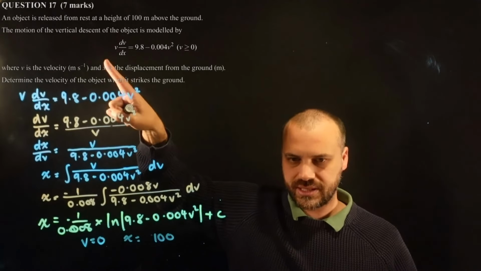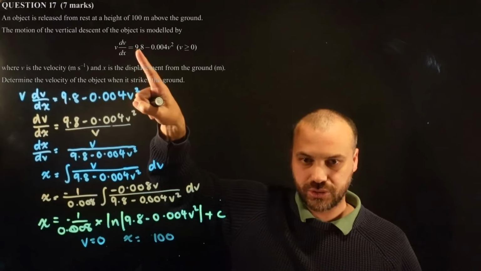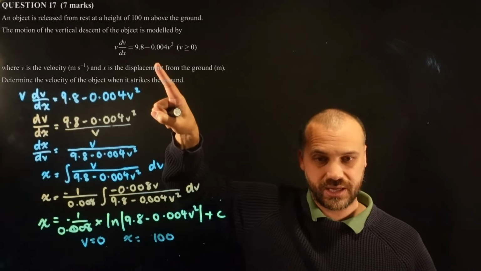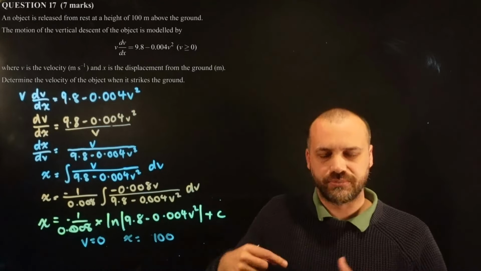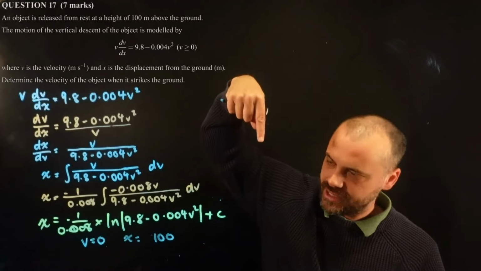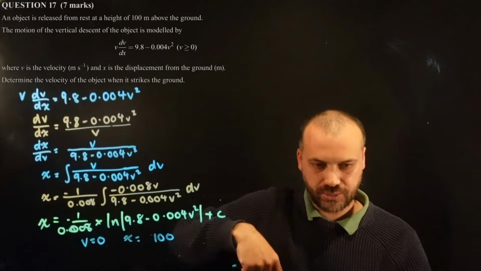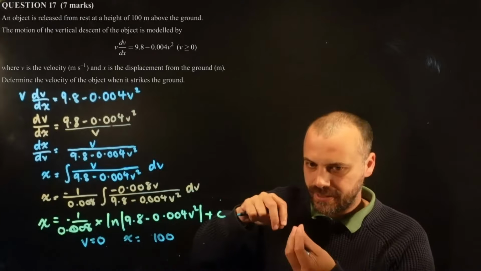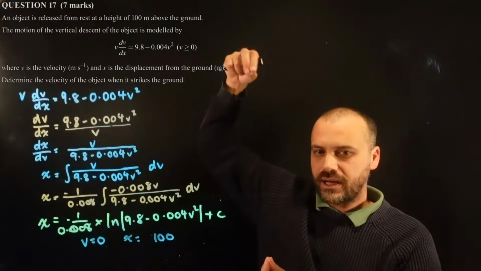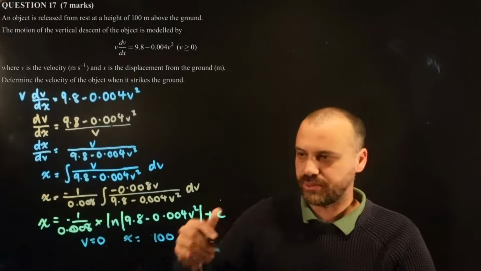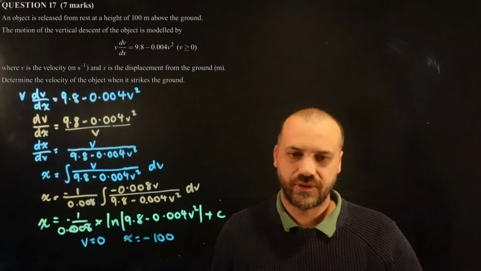And it says that acceleration is equal to positive 9.8. That means that the positive motion of this object is taken to be going downwards. So, if we work backwards from there, we need the displacement to be negative 100.